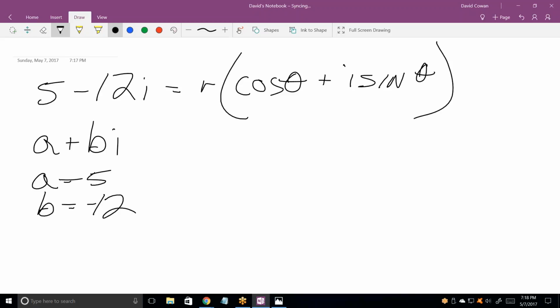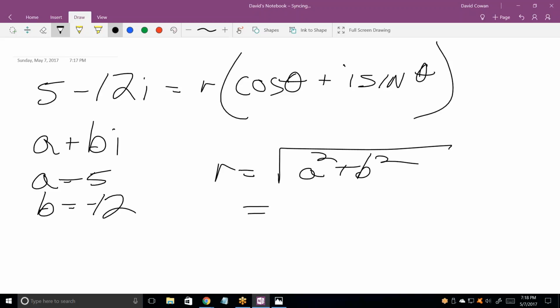Okay, so R is always the square root of A squared plus B squared. And in this case, that's 13. Square root of 5 squared plus minus 12 squared. It's a 5, 12, 13 triangle.